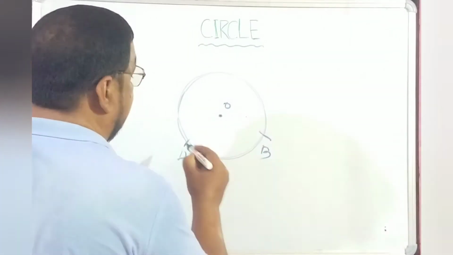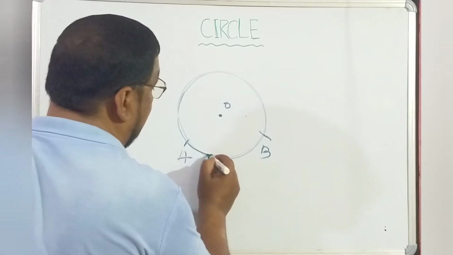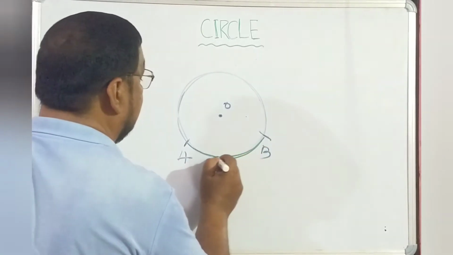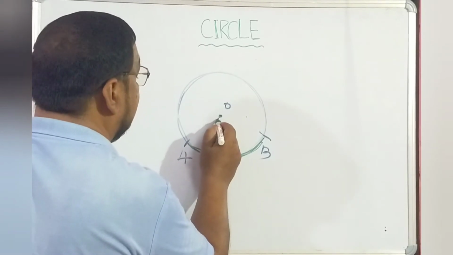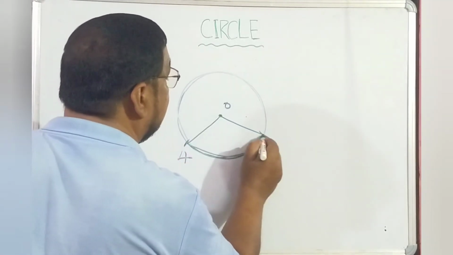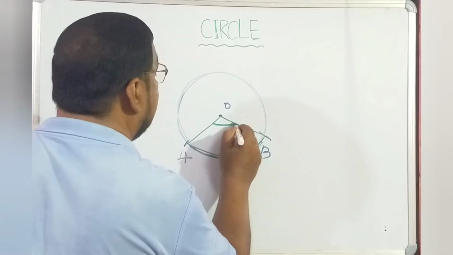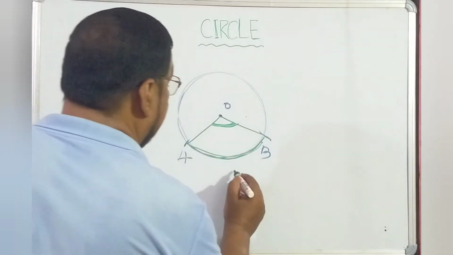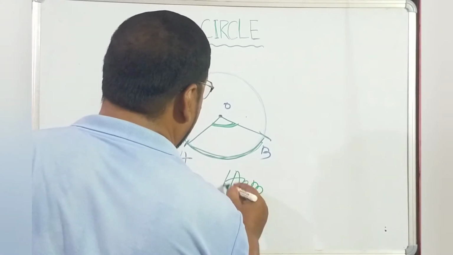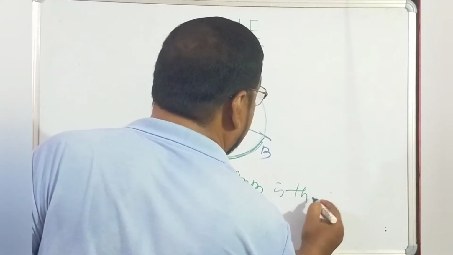The arc is AB and the angle subtended by it at the center is this. This is called the central angle. Angle AOB is the central angle.